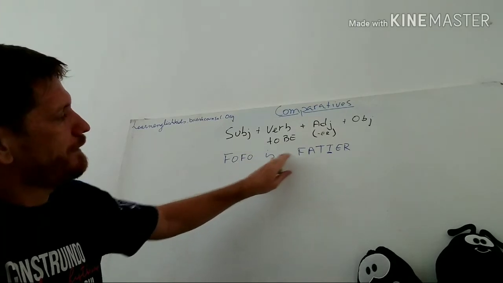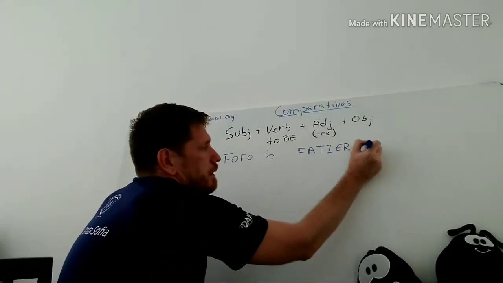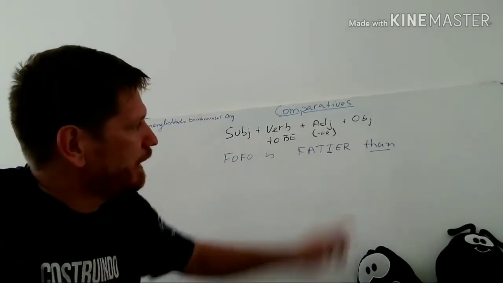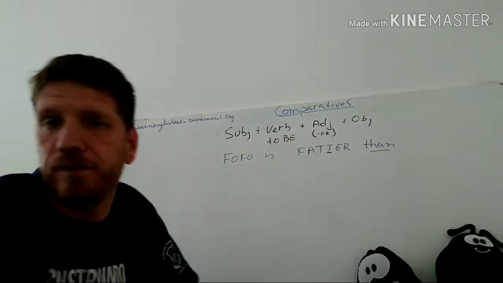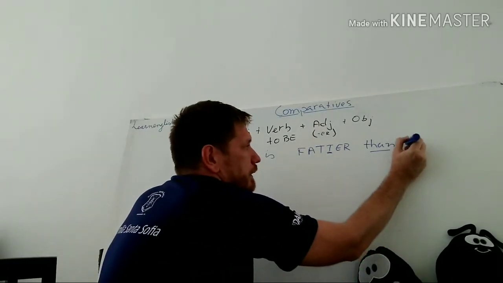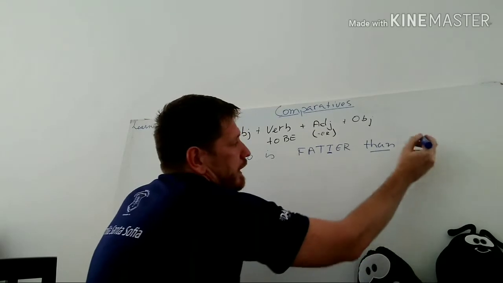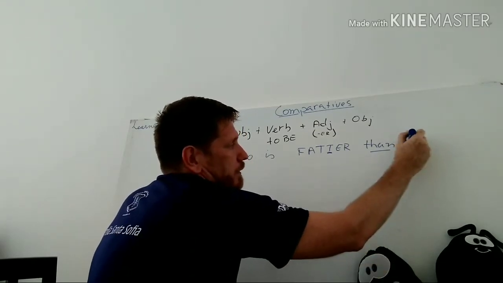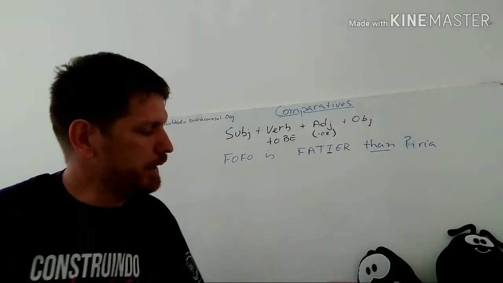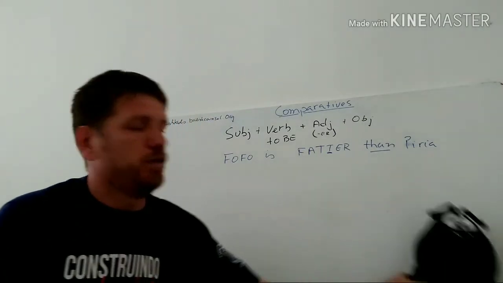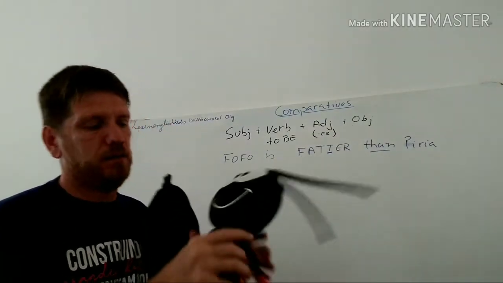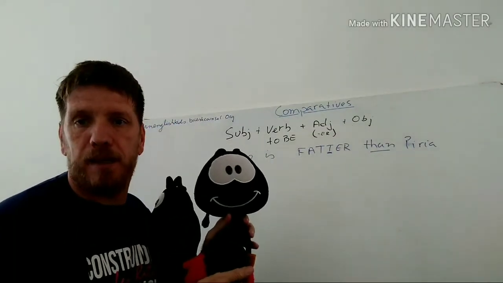So Forfu is fatter than, we need the than, which I did not put here because it's got to do with the adjective. Plus, or should I say, than our friend Pidia. So Forfu is fatter than Pidia.